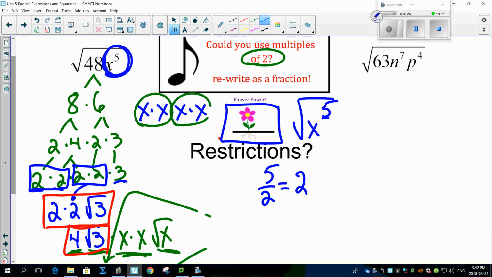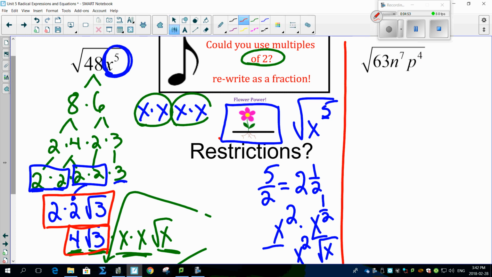This works out to be 2.5. So basically what you've got here is x squared and x to the 1/2. So x squared comes out by itself, and x to the 1/2, because it doesn't have a pair, goes underneath the root sign. There it is. There's your x squared and x. Watch again when we do this question over here.